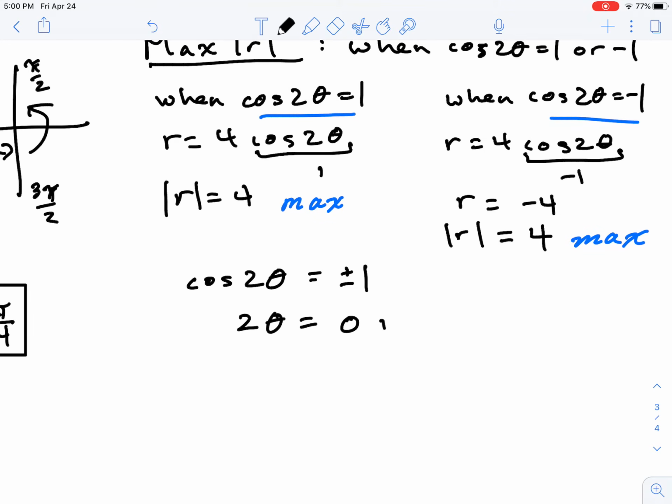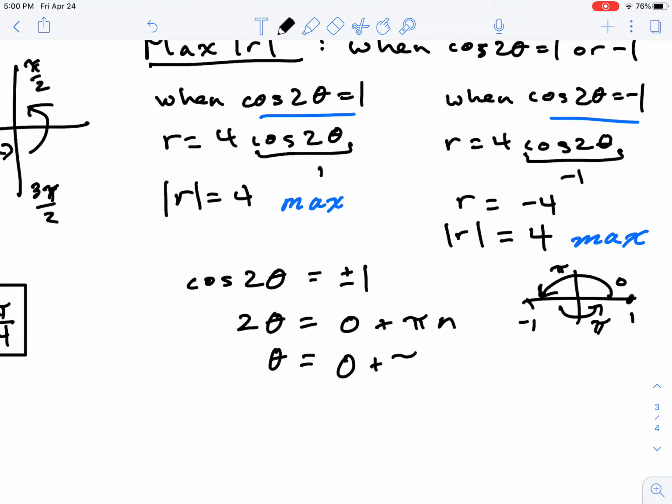When would that occur? It would happen at 0 plus every pi iteration of n. Again, think about our unit circle at 1, negative 1. It's going to happen at pi or at 0 or every pi iteration of it. So here we got 2 theta is equal to 0 plus pi n. Solve for theta.